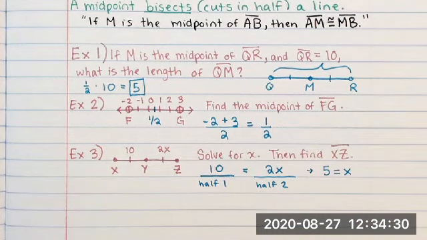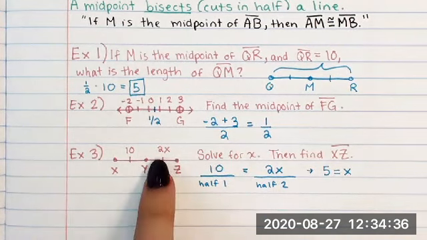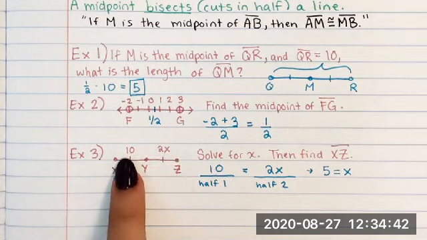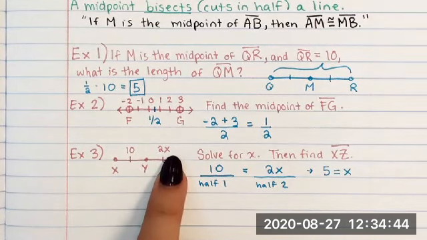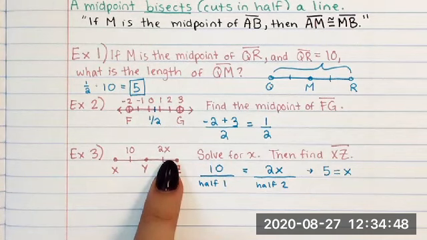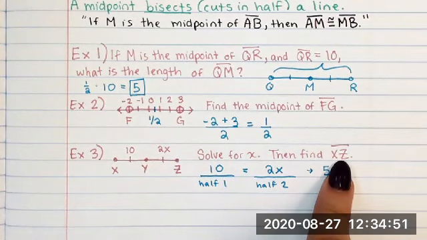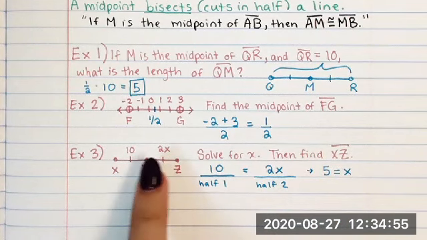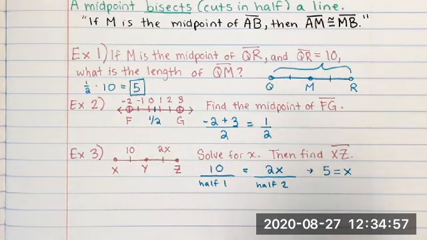But again, in geometry, finding x isn't usually where we stop. We're using x to know something. And so if we plug it back in, we'll find that that's 10, which of course we should know, because if this is 10, that's 10. But I'm just working through this example to show you the process. So then when it says to find XZ, now we need to add up our two pieces. 10 and 10 would make 20.